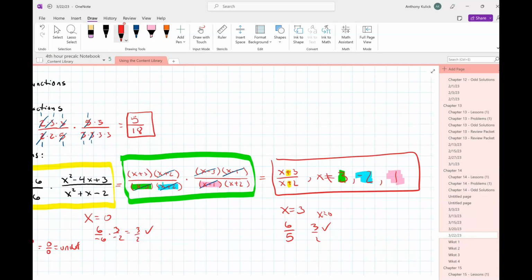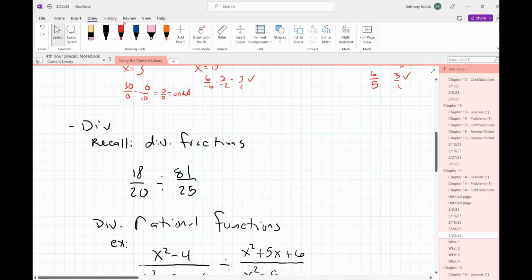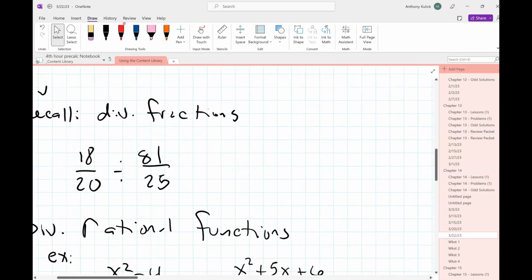So these would be like the restricted values, or whatever you might call those, right? What do you guys think? It's not too bad, right? You factor and you reduce and you're basically done.